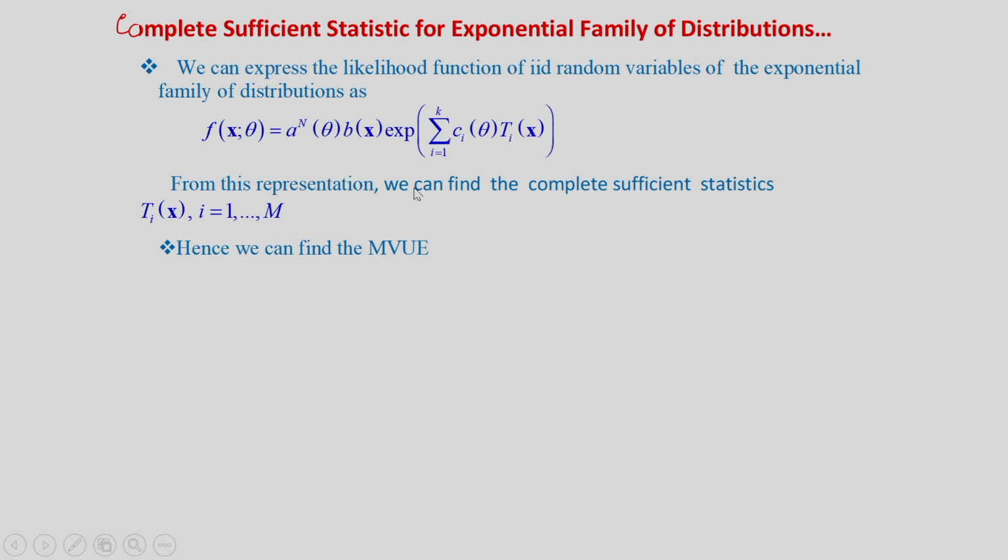From this representation, we can find the complete sufficient statistic Ti(x) for i equal to 1 to k. Hence, we can find the MVUE as a function of this Ti(x), which is unbiased, and we know that only one unbiased estimator exists and which has variance less than or equal to the variance of any other unbiased estimator. Therefore, that estimator will be the MVUE.